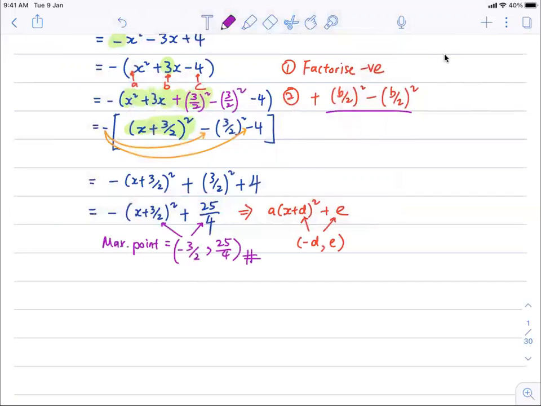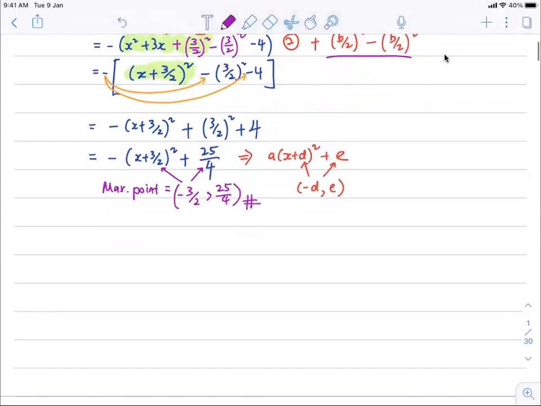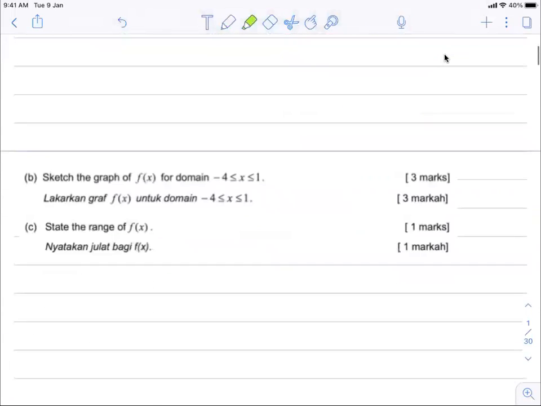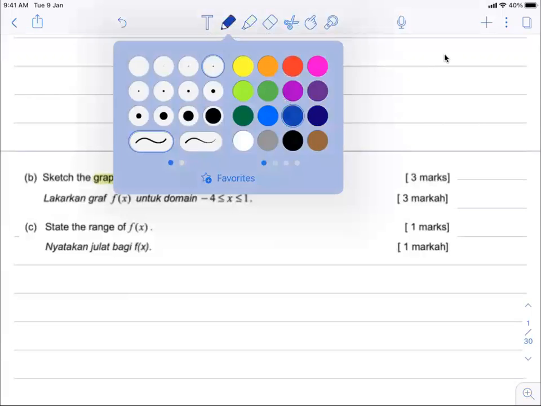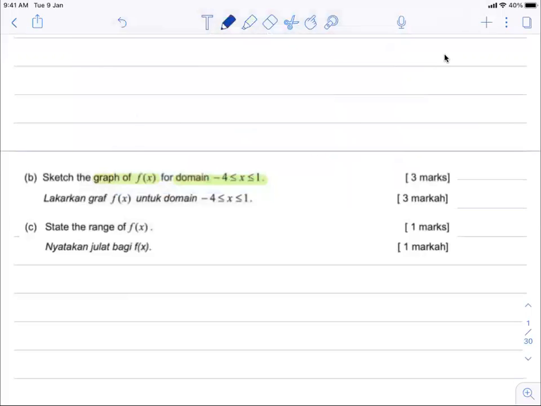So now let us move on to part B. Part B asks us to sketch the graph for the domain -4 ≤ x ≤ 1. So for graph sketching, normally the first step I do is identify the maximum or the minimum point.